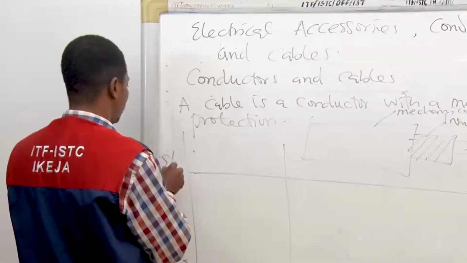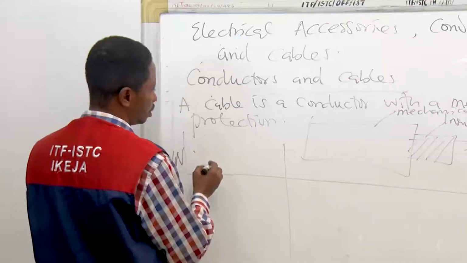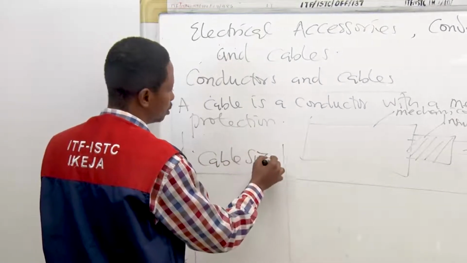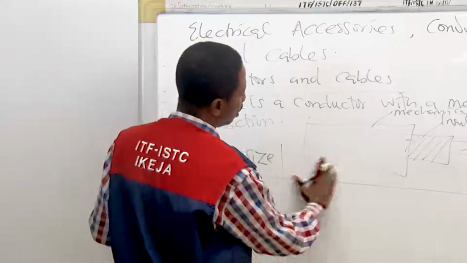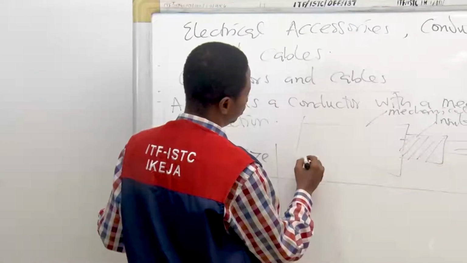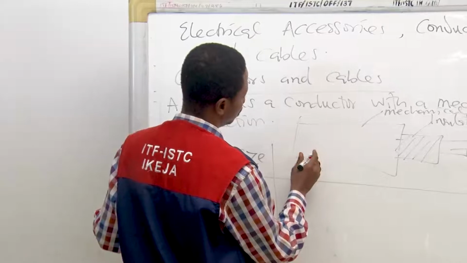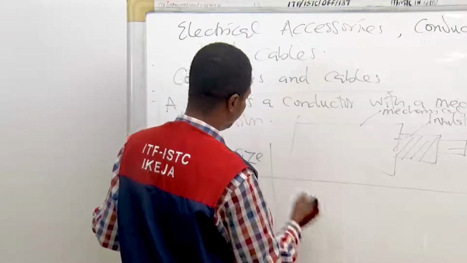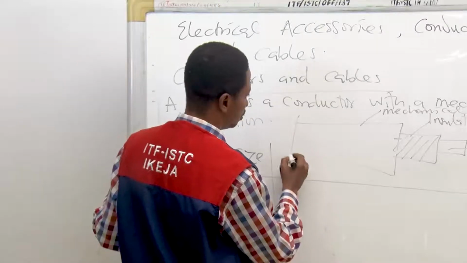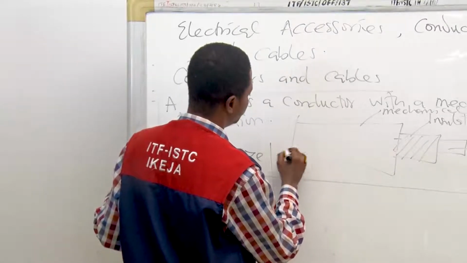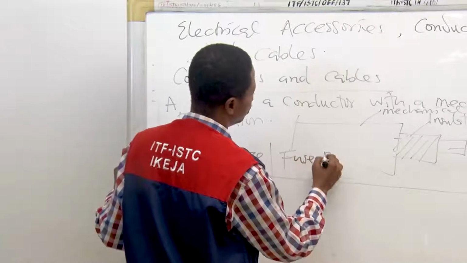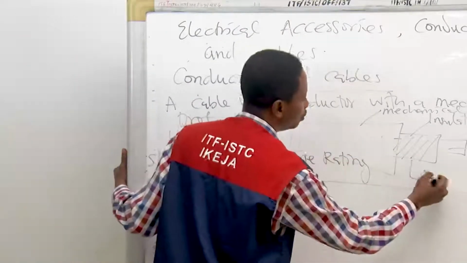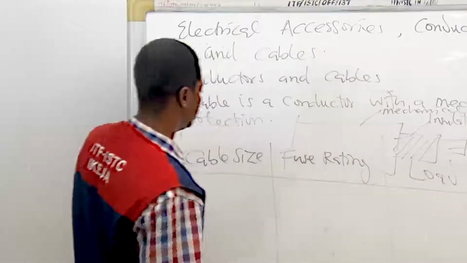From this table, we have the serial number, the cable size, the fuse rating, and the load. Let me combine these three.